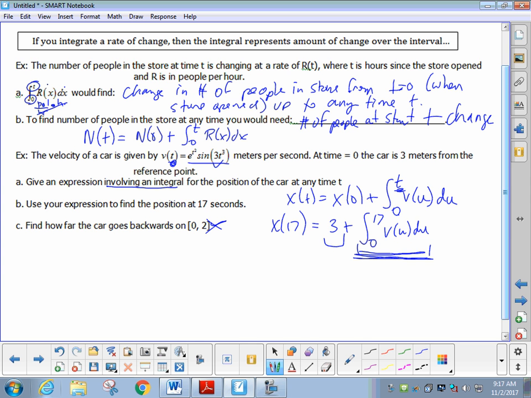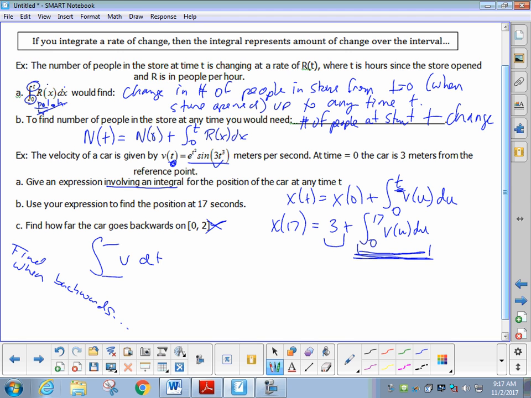Rate times time. What else do we need to consider? Yeah, the negative. What about the negative? I don't know when it's moving negative. Don't I need to find when it's moving backwards? What am I going to do to find when it's moving backwards? You could do a sign test.